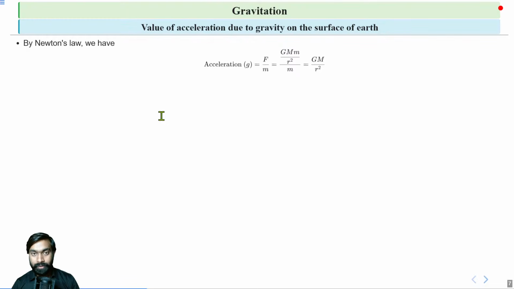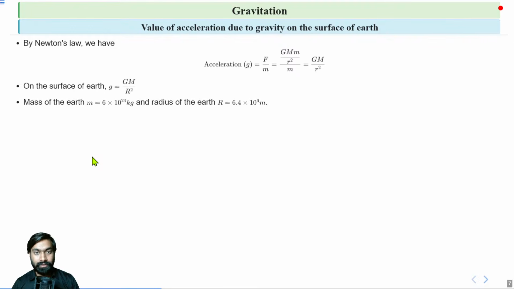When we perform the calculation, small m cancels out, and the remaining term is acceleration small g equal to G into capital M divided by r square. So on the surface of the earth, small g equals G M divided by r square.